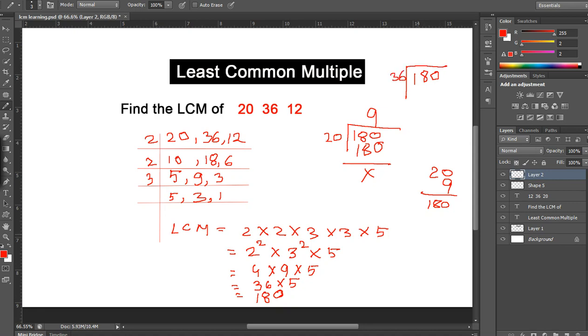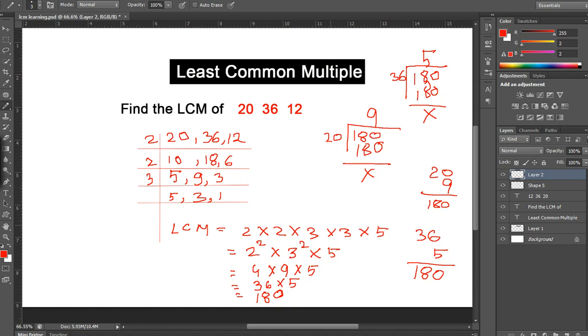For 36, what number can bring this number by multiplying with 36? 5. If we multiply 5 with 36, we will get 180. So as I told you, all these numbers can completely divide this 180, which is the LCM.